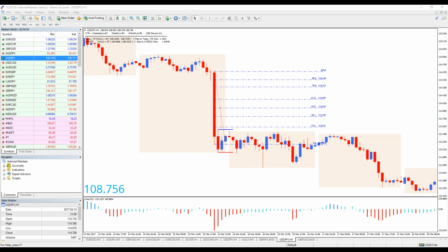How to manage your trade? Simply, let's say you open your trade here at the breakout, you don't want the price to go above 38.2. 38.2 is something that you should always be careful with if you're trading breakouts of high momentum candles without getting them to 61.8, 78.6 or 88.6.